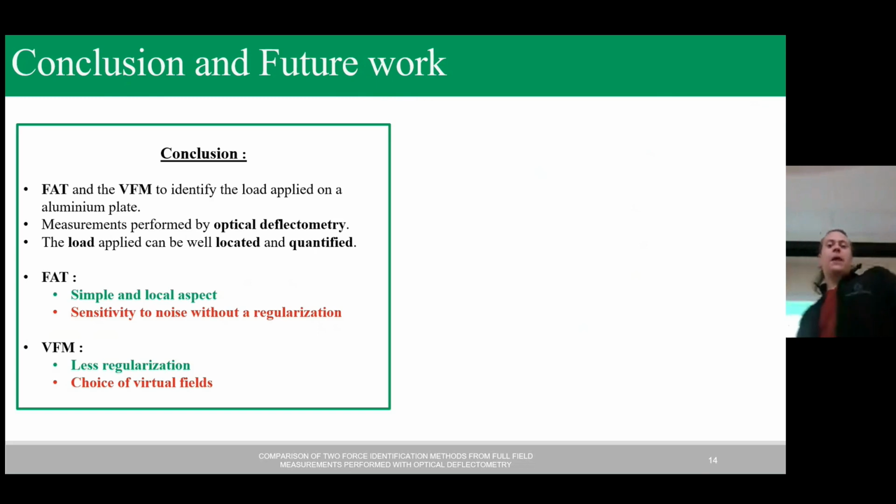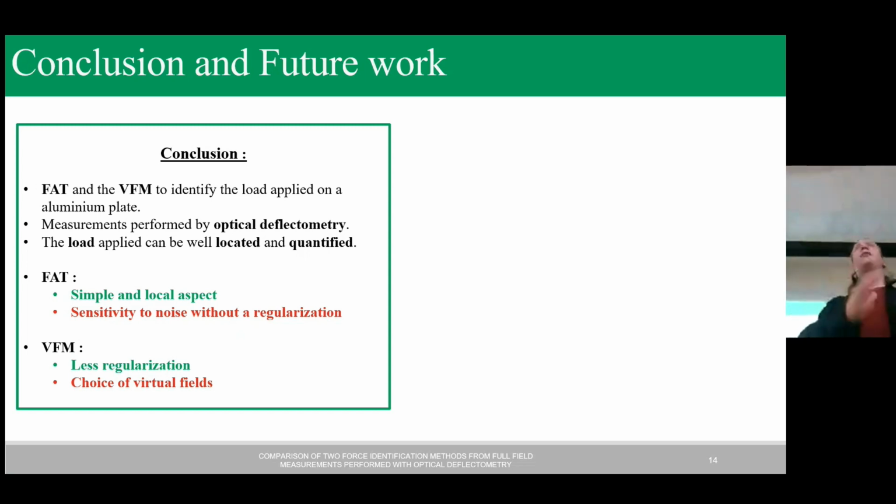So finally, we have applied FAT and VFM to identify the load applied on an aluminum plate, and the measurements were performed by optical deflectometry. We have seen that we can well locate and quantify the load applied. If we have a look at the functions that we use, we can see that FAT is quite simple to apply.